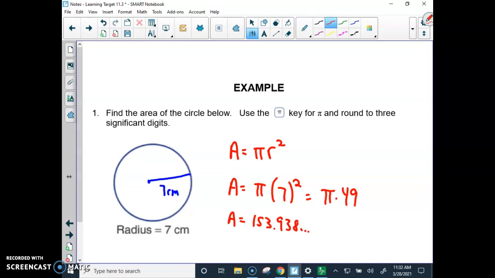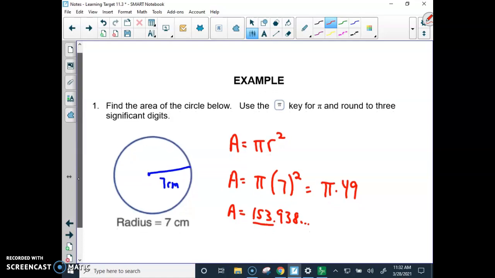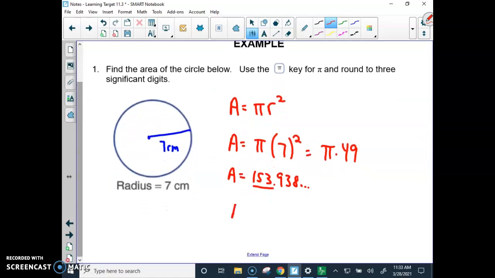Now we need to go to 3 significant digits. That would be your 3 significant digits there, ladies and gentlemen. So we just say that the area is approximately 154. Now again, this is an area. Your label is centimeters, so we're going to go centimeters squared or square centimeters. And there's your answer. Okay?